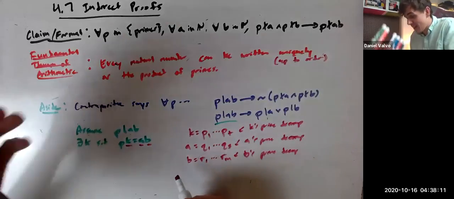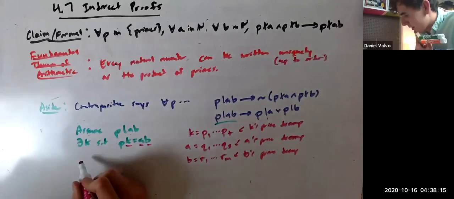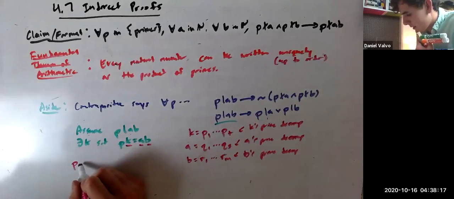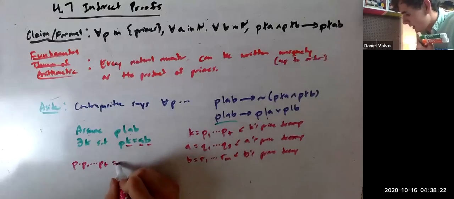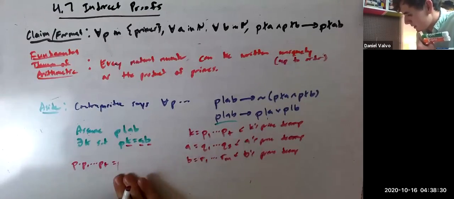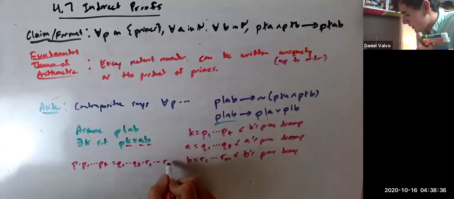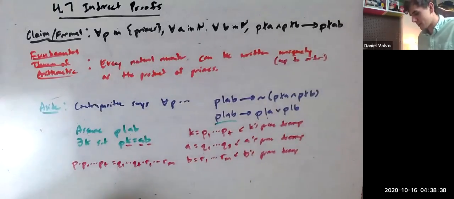We know these have to exist. But then if we substitute them into this formula here, we get P times P1 out to PT equals Q1 out to QS times R1 out to RM.